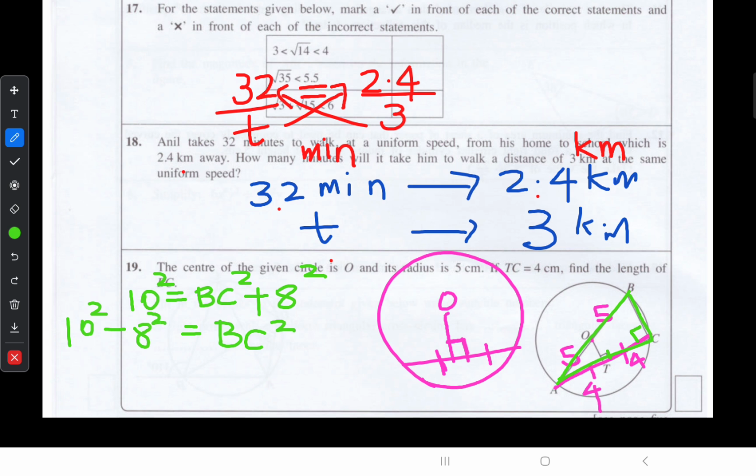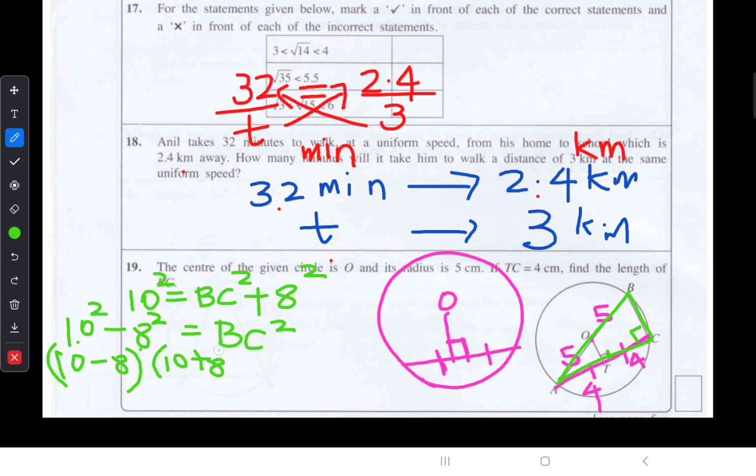Here you can find this by using another method. 10 square 100 minus 8 square 64 is 36. You have to find the square root of 36. Otherwise, if you don't know how to find the square root for bigger numbers, this is another possible method. These are two square values, so you can write the factors as 10 minus 8 and 10 plus 8.